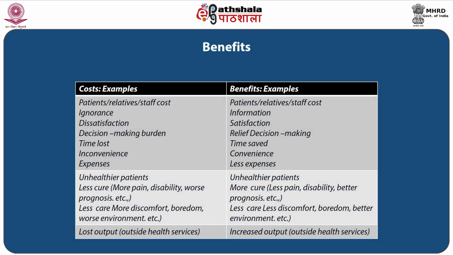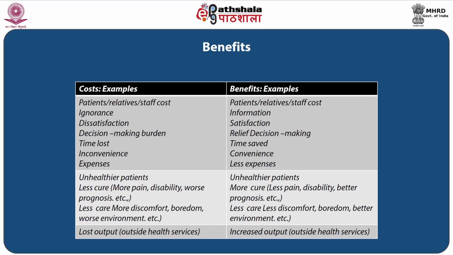Similarly, we have the costs involved for the patients, relatives and staff: ignorance, dissatisfaction. The benefits to the patients, relatives and staff are information and satisfaction. Decision making burden is also a cost for the patients.